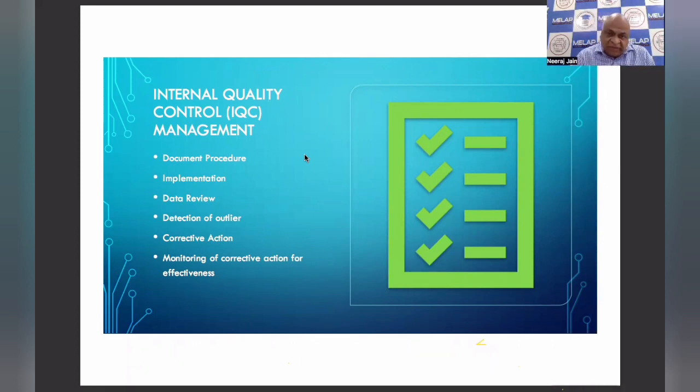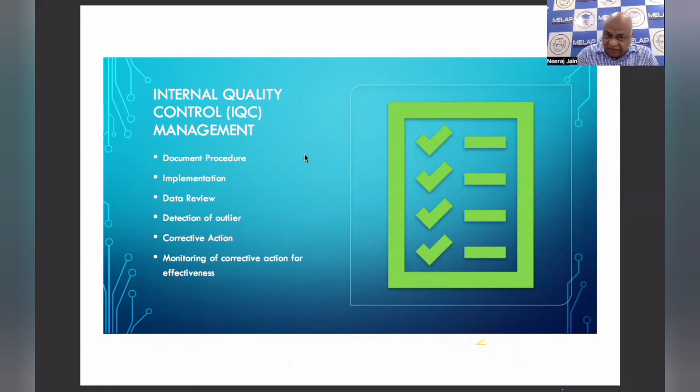In IQC management, what is required? We require a documented procedure: how we will run the control, how many controls, how frequently. Then whatever data we are generating shall be evaluated carefully, so that whenever any outlier is detected, corrective action is taken after root cause analysis, then monitor your corrective action for its effectiveness.